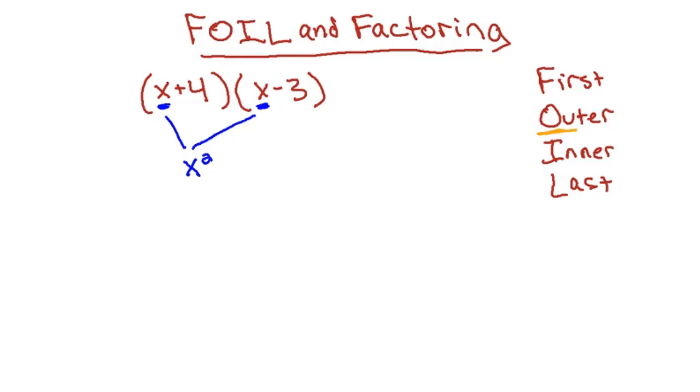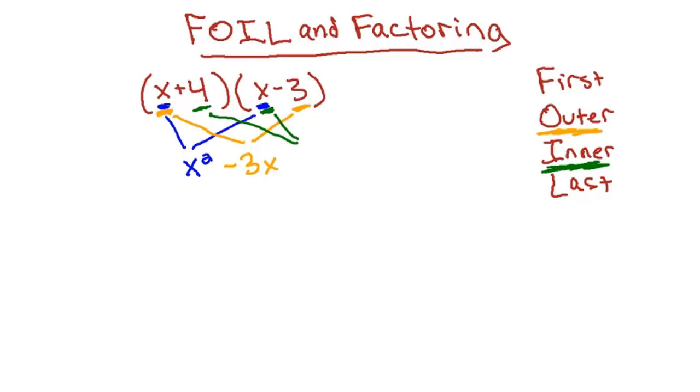Now you would do the outer. So outer would be the x out here and the 3 on the outside. So you do the outside ones. So negative 3 times x is negative 3x. Then you would do the inner nomials in the parentheses, so that would be positive 4 and the x.